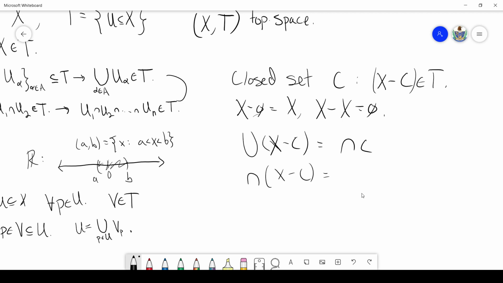I'm using very terse notation here, but we can use these rules to say that if the intersection of closed sets is the complement of a union of open sets, then the arbitrary intersection of closed sets is closed. Similarly, if a union of closed sets is the complement of an intersection of open sets, then the finite union of closed sets will be closed.